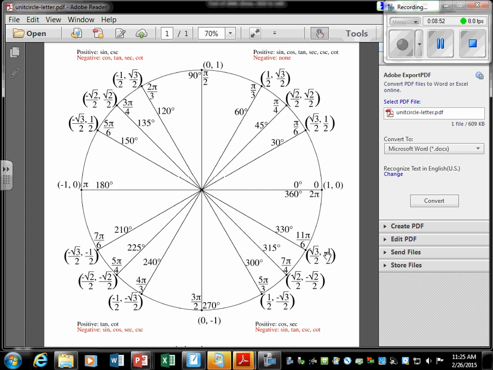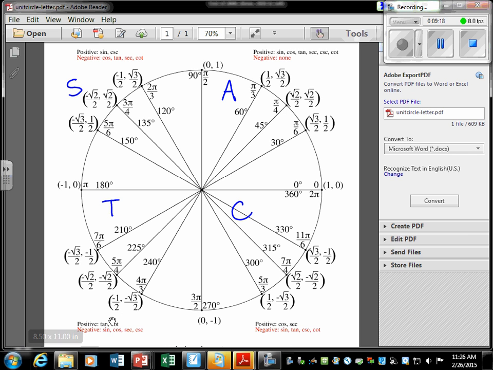The last thing I want to make a reference to is this positive, and we usually use the All Students Take Calculus to help us remember. All of the 6 trig functions are positive in quadrant 1. Only sine and its reciprocal is positive in quadrant 2.